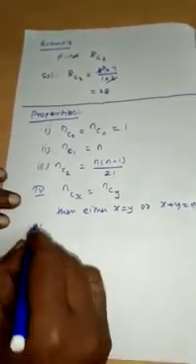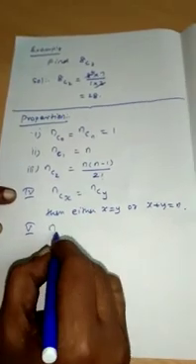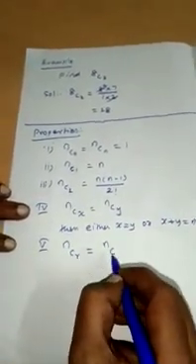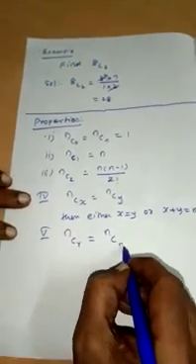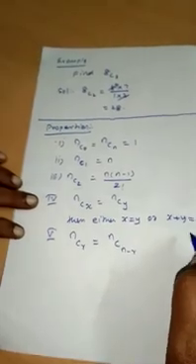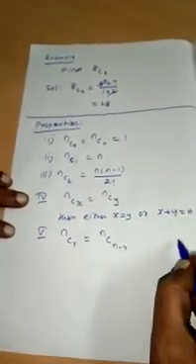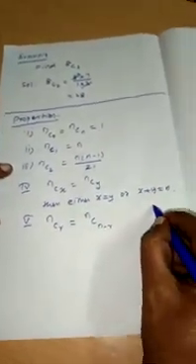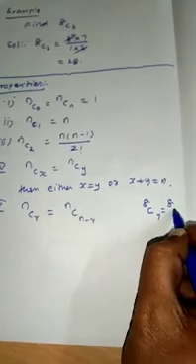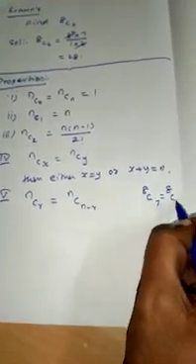Fifth property, nCr is equal to nC(n minus r). For an example, here 8C7 is equal to 8C(8 minus 7), which is 8C1.